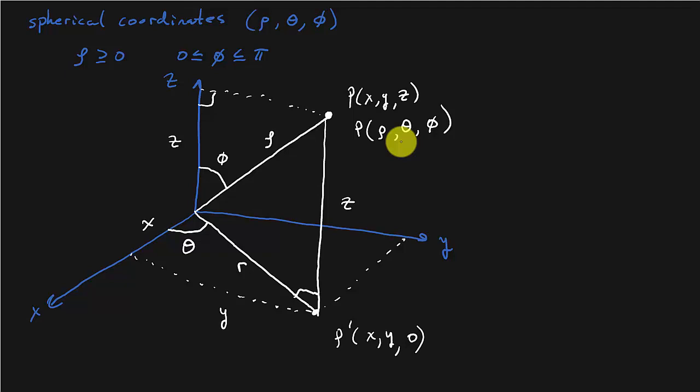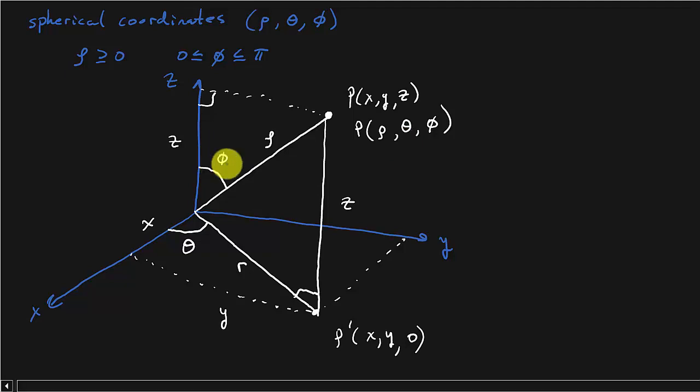We've got the angle phi right here. Do you see this line is the hypotenuse of this triangle, and this side is adjacent to phi? So we have cosine phi equals z over rho.